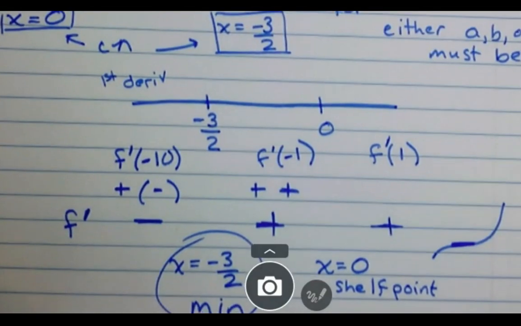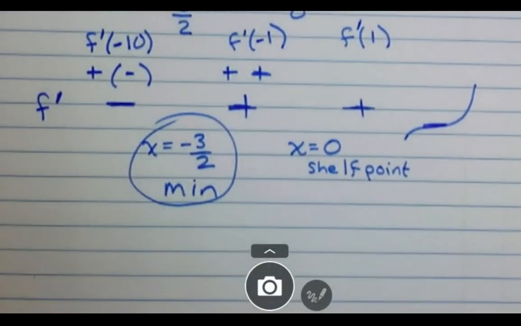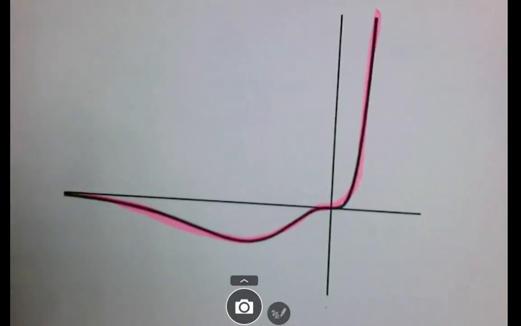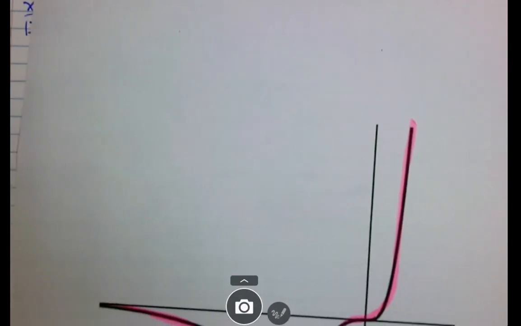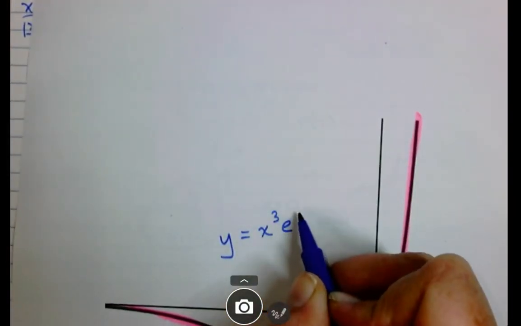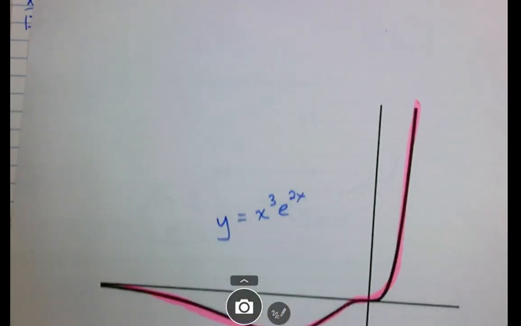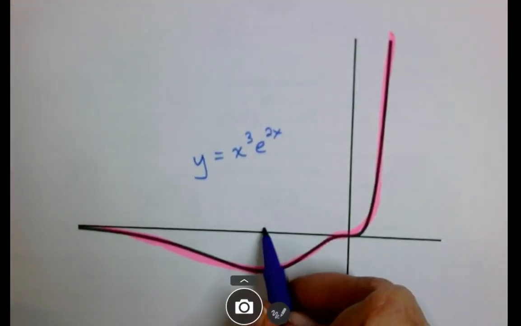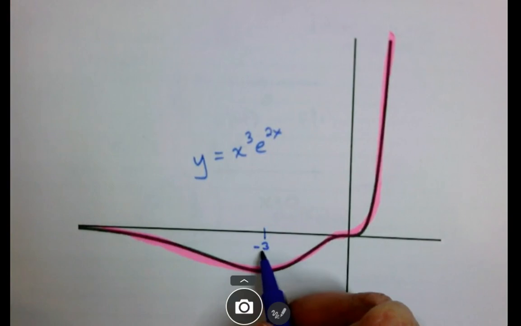In fact, I couldn't resist showing you the graph of this function because I thought it was super cool. So here's what the graph of y equals x to the power 3e to the power 2x looks like. And so here's that -3 over 2 that we said was a minimum.